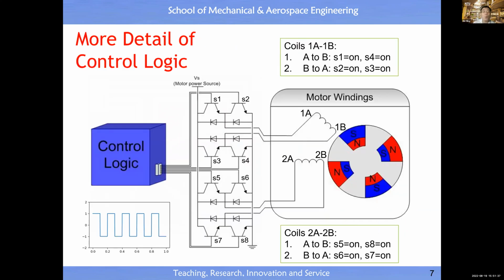So this is why you see we need to have 4 switches for one phase, because each phase has 2 terminals, 2 connections, all right? Each connection needs 1 pair, right? Then in this case, one phase needs 2 pairs, then total 4 switches, all right? So that gives you an idea, right?